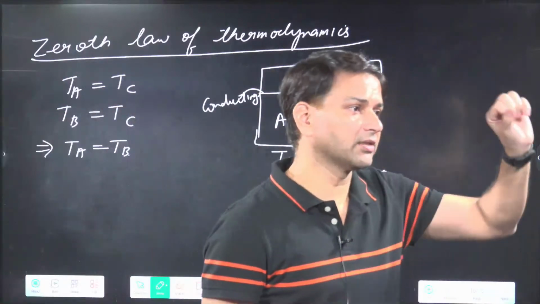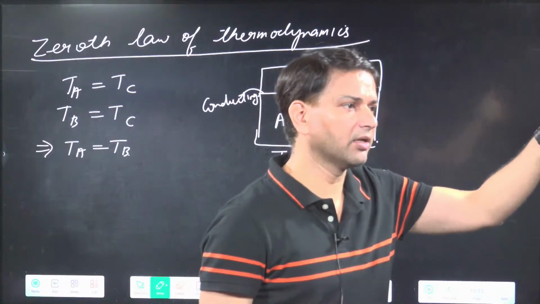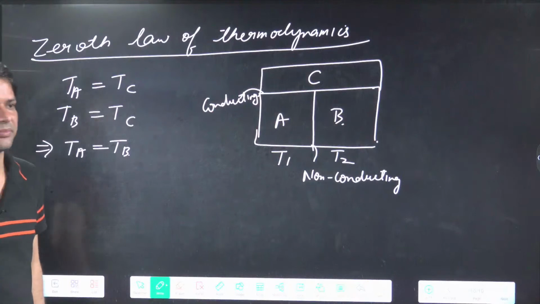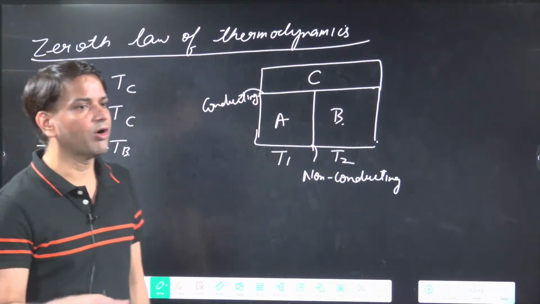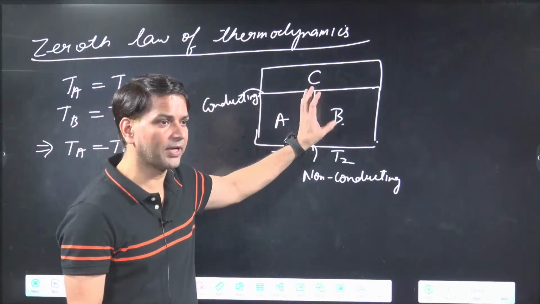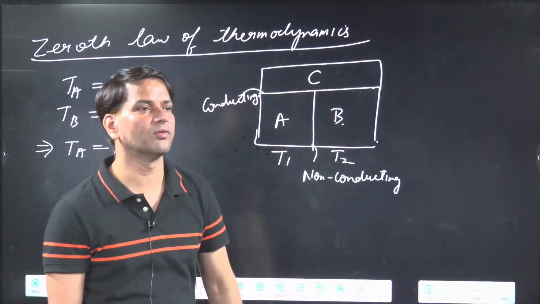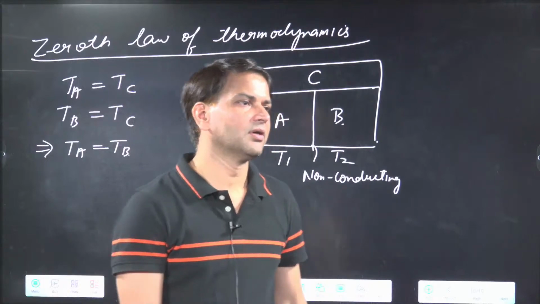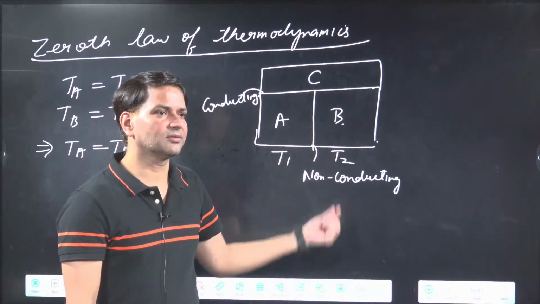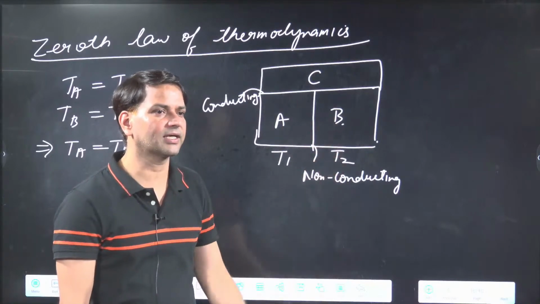If two bodies are in thermal equilibrium with a third body, then both bodies will also be in thermal equilibrium. Now after this state, suppose I remove this wall and replace it with a conducting wall.